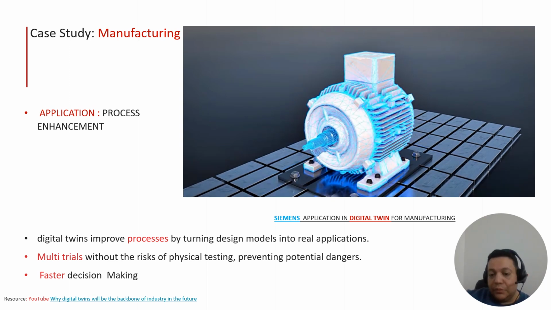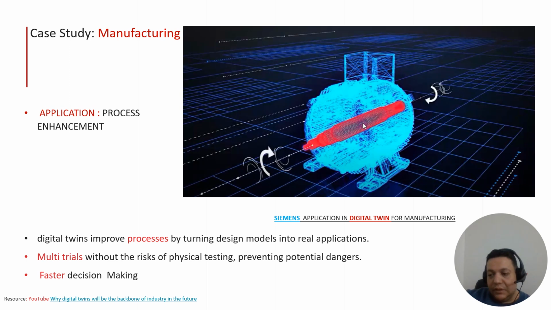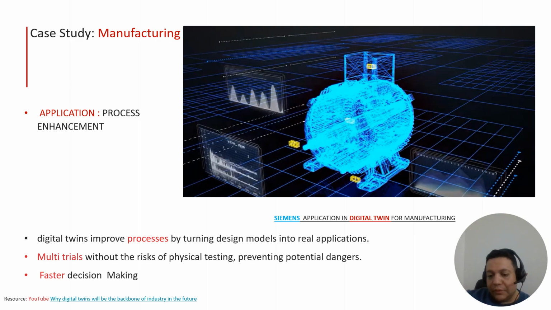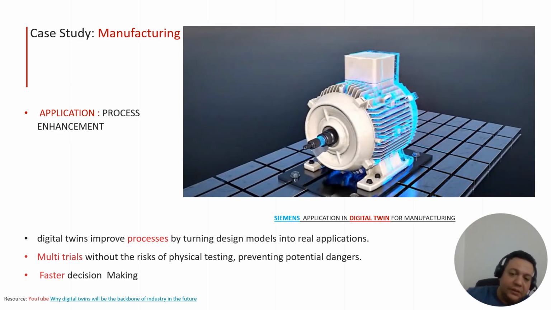For example, also the aeroplane designs, checking against dynamic airflow before the physical production of this.